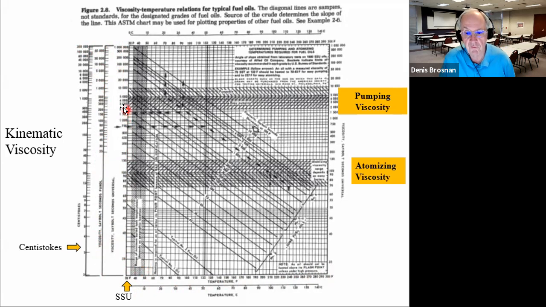The vertical axis is a semi-logarithmic axis, and you'll see why in just a minute. That's because the viscosity follows an exponential relationship with temperature. But if you plot it on semi-logarithmic graph paper, then you have a straight line for the viscosity of oil versus temperature. And this shows various oils from light oils up to heavy oils.